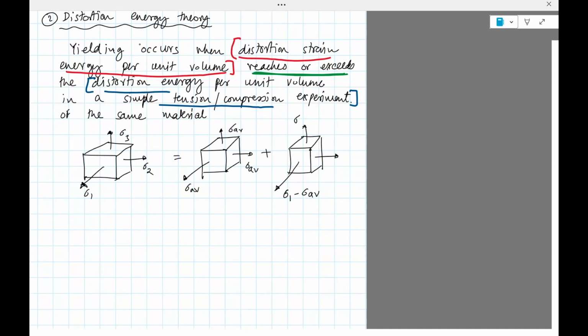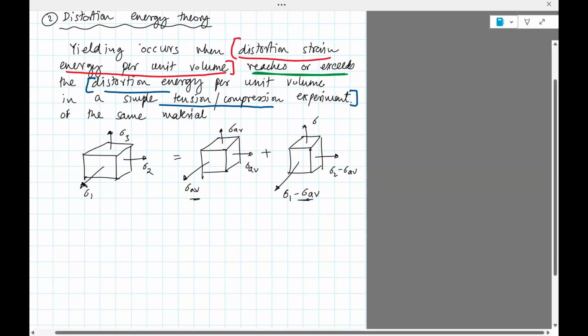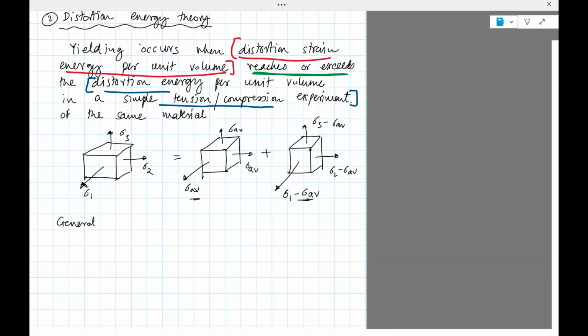So if you sum this with this, you get sigma 1. Same for this one, sigma 2 minus sigma average, sigma 3 minus sigma average. So this is the general stress.